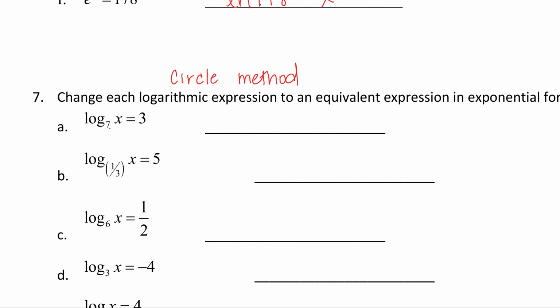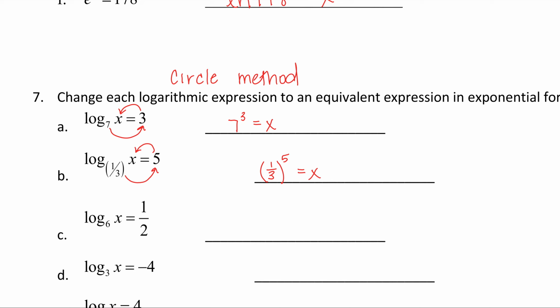We have base 7 with exponent 3 equals x. So I go 7 raised to the power of 3 equals x. Again, I have my log base 1/3. So I do 1/3, in parentheses, raised to the power of 5 equals x.